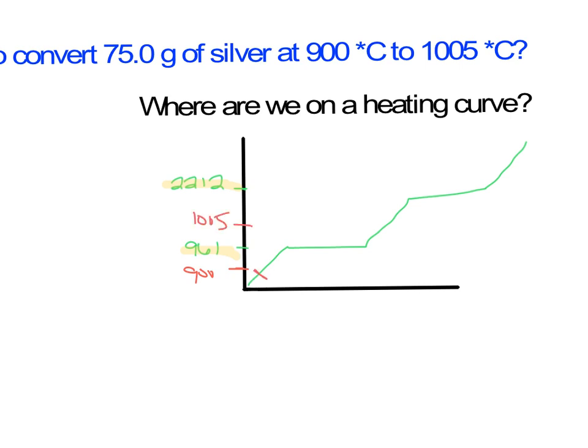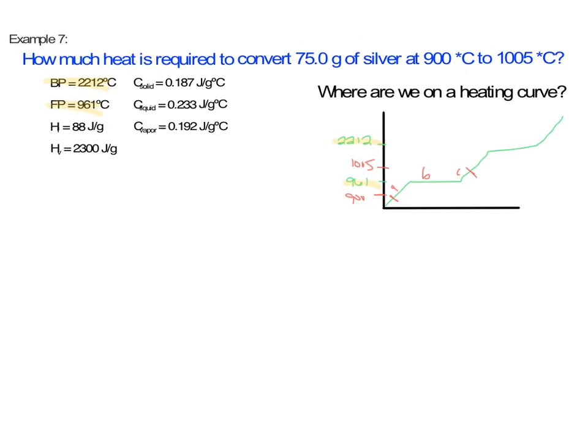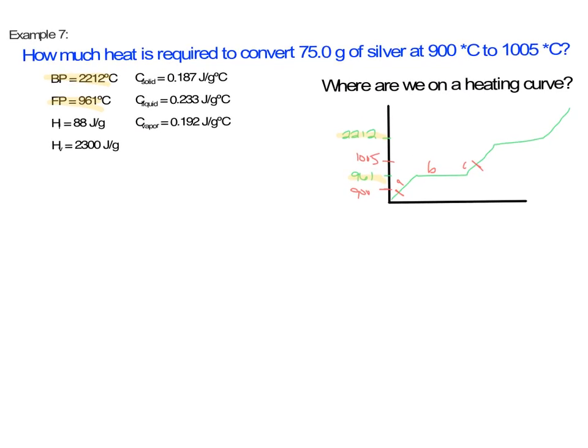So we are going from here to here. So that's going to be 3 steps. We're going to have an MCAT, and then we're going to have an MHF, and then we're going to have another MCAT here. So we're going to have 3 different equations. And we've got all those constants listed for us in the problem because these guys are a little bit different. Let's get going on this.